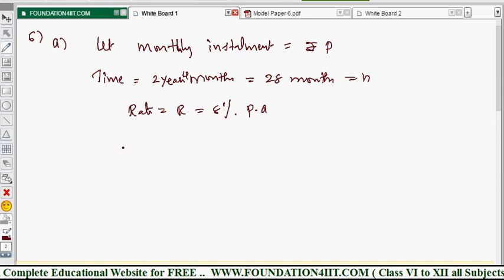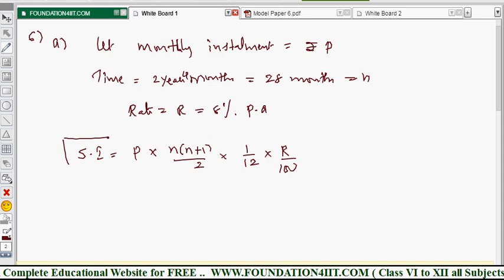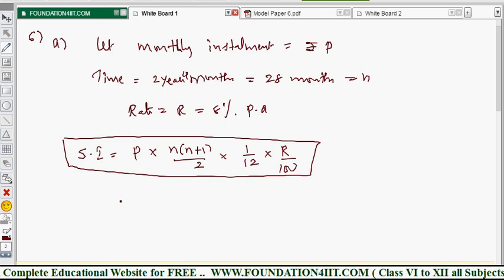Then interest paid. So the simple interest formula in this recurring deposit. So we know that P into n into n plus 1 by 2 into 1 by 12 into R by 100. So remember this simple interest formula. Right. So using this we'll find out the simple interest first.